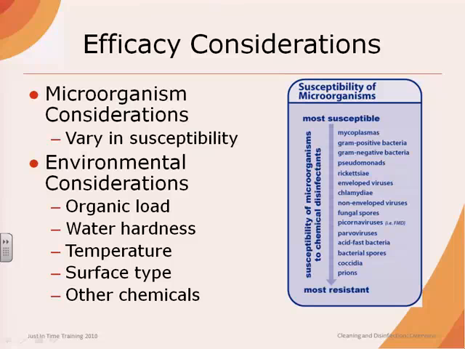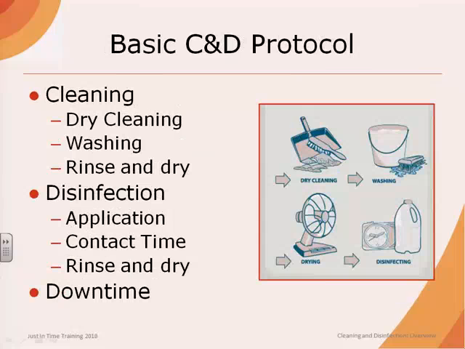The type of surface being disinfected will also be important, as smoother surfaces will be easier than rough or porous surfaces. The interaction with other chemicals, such as soaps and detergents, or structural compositions, such as metal and rubber, can also affect disinfectant efficacy. Regardless of the situation, item, or area, effective cleaning and disinfection should always follow a basic C&D protocol.